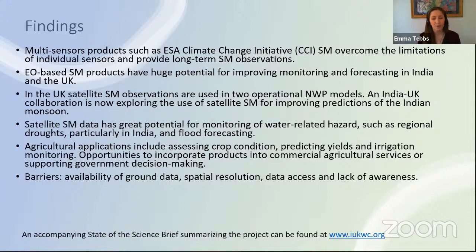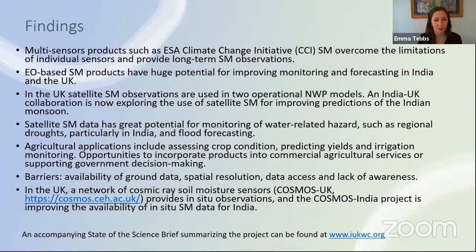Okay, so some of the barriers that we found then was the availability of ground data for validating these products. Also, the spatial resolution of these products is quite coarse, so that limits applications for some things like irrigation, which would ideally have higher resolution products. And then there were issues around a lack of awareness of how to access and use the data.